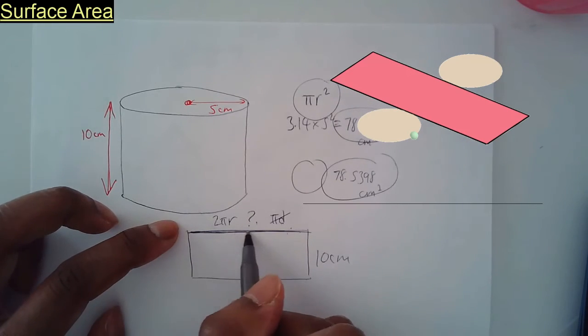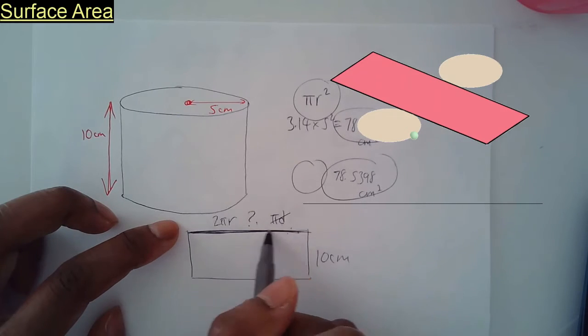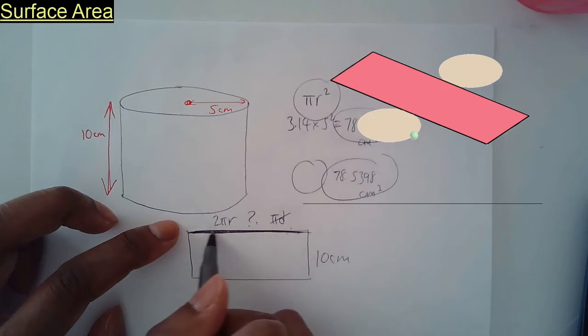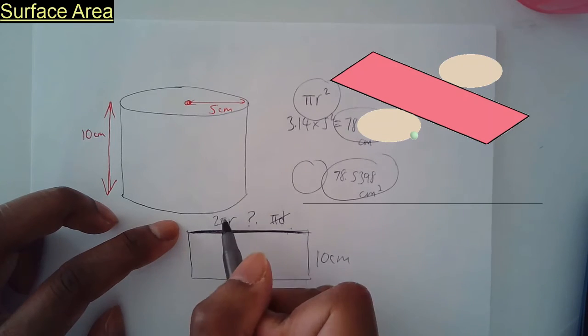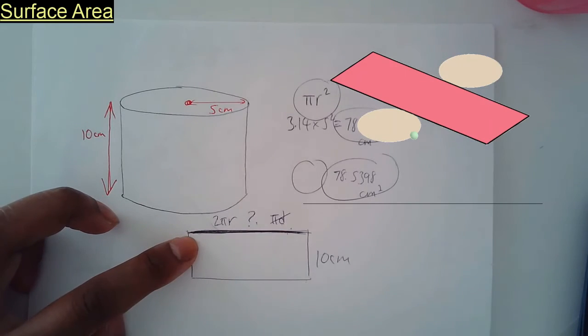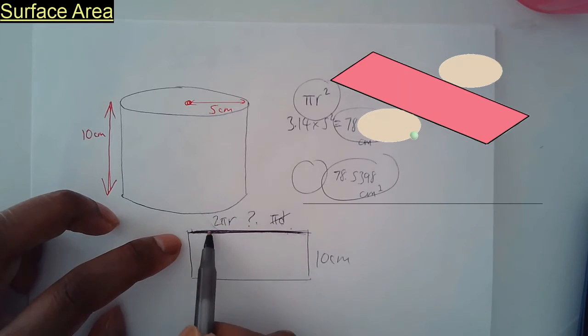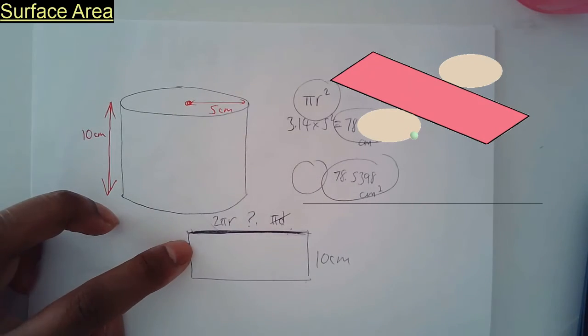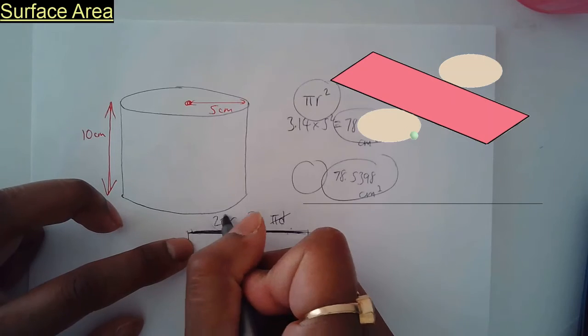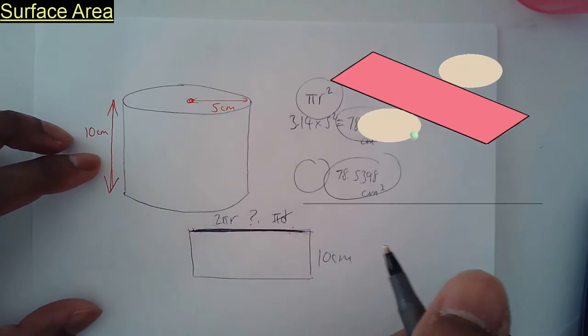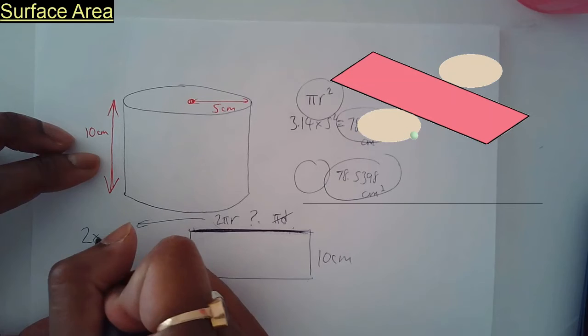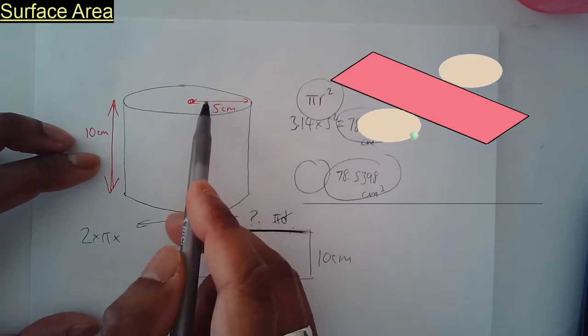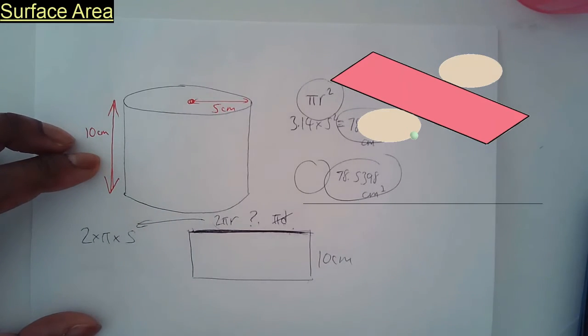So that length there, that black line that's just unfolded off the circle, is actually 2 pi r, the circumference. So now I'm going to work out 2 pi r. 2 times pi times, what's the radius? The radius is 5 centimeters. And if you use the other one, that would be pi times diameter. The diameter would be 10, double the 5. Anyway, let's use this.